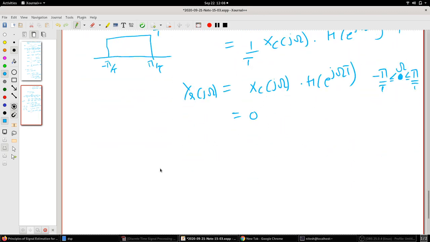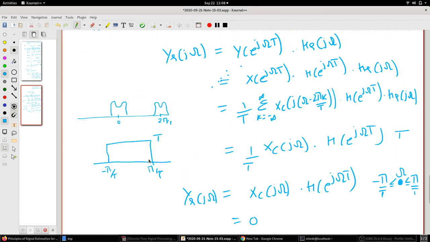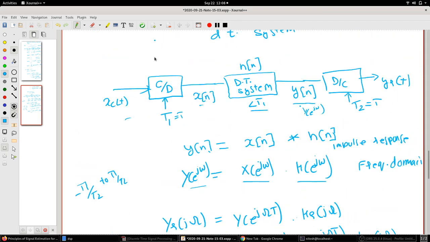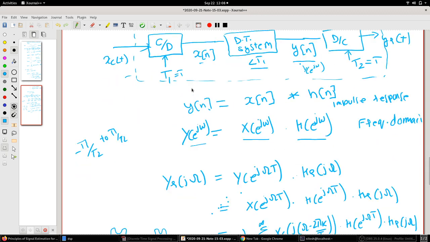Now if you look at the complete system here, this is the processing of continuous time signals using a discrete time processing system.